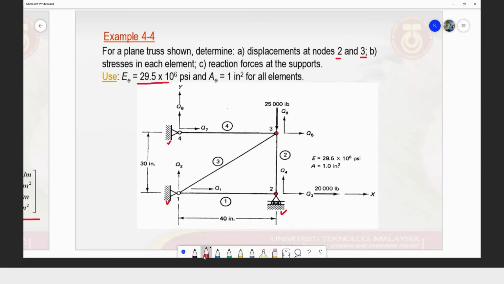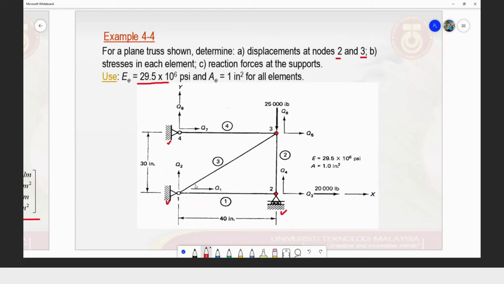If we know which boundary conditions are active and inactive, we can minimize our process in preparing the element stiffness matrix especially.